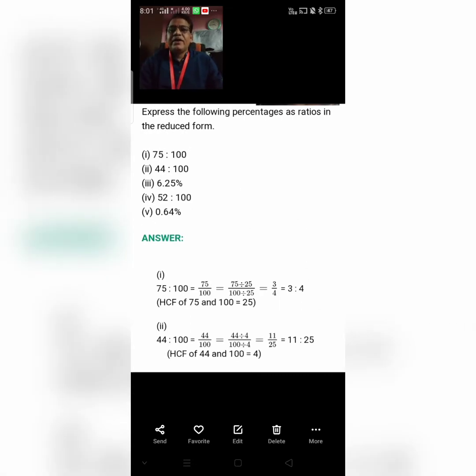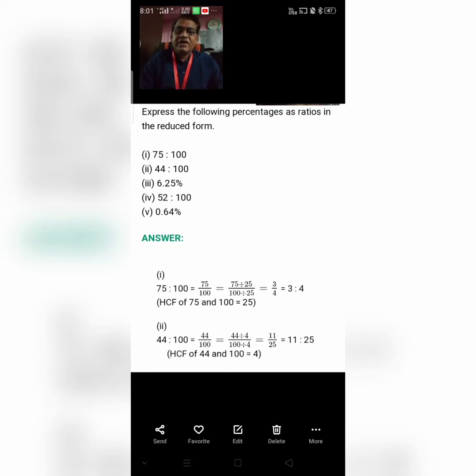We already completed question number 1 and 2, that is, write the ratio of first quantity to second quantity in a reduced form. Question number 3 is: express the following percentage as a ratio in the reduced form.